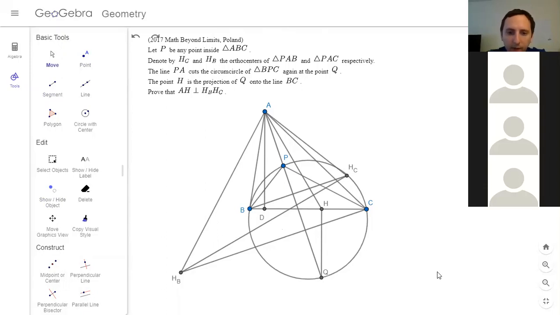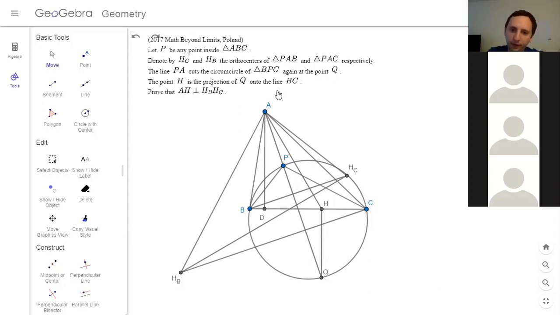Let's see. All right. I wonder if we could do this with spiral similarities.